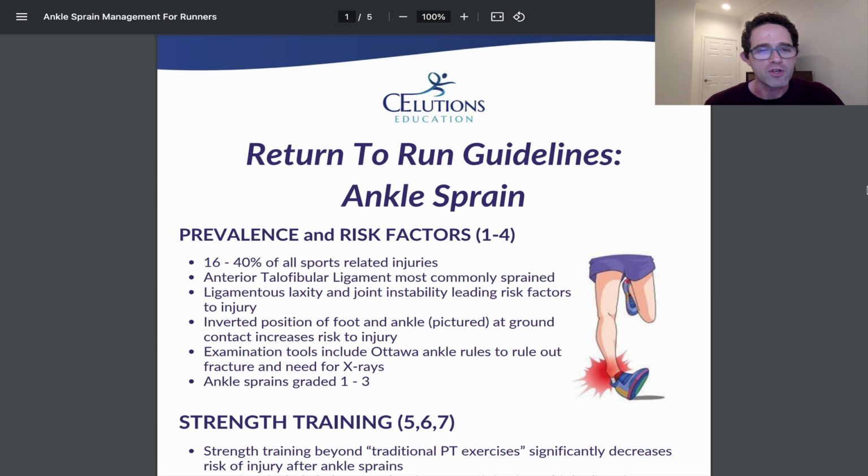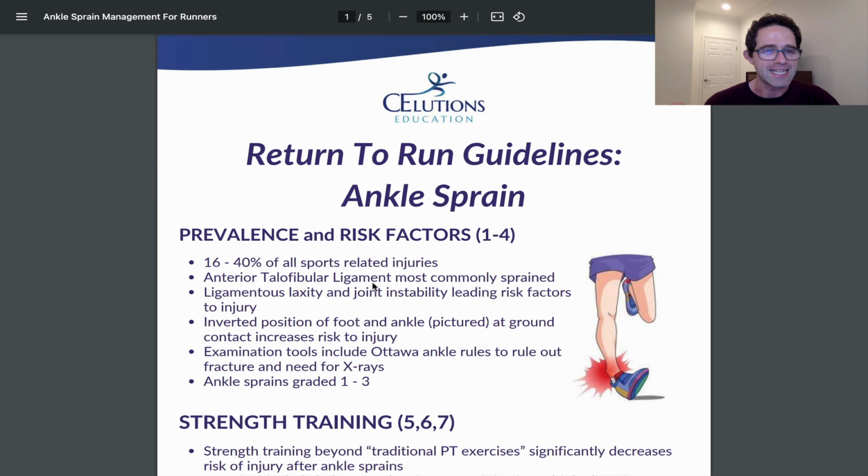So first, I want to go over a little bit about prevalence and the risk factors of ankle sprains. Up to 40% of all sports-related injuries are actually ankle sprains. It's quite a lot. And those ankle sprains most frequently involve the anterior talofibular ligament, the most commonly sprained ligament in the body.